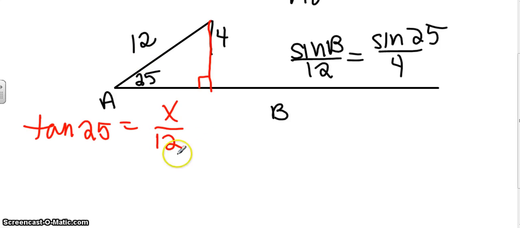And if I solve for x, multiply both sides by 12, make sure that I'm in degree mode, I get x is about 5.07. So if x was 5.07, then it would be coming straight down, making a right triangle, and then I would have one solution for this. But as it is, 4 is never going to be able to reach down to this ray. So no triangle in this case.